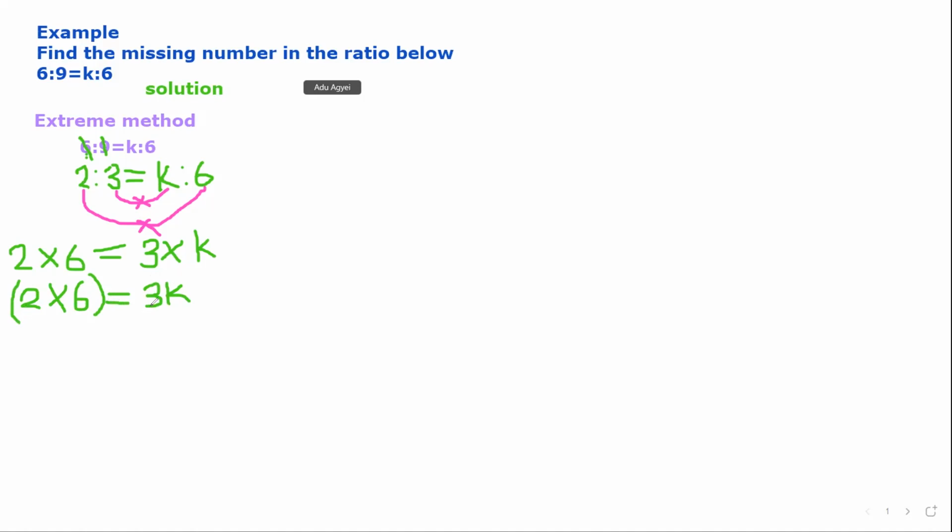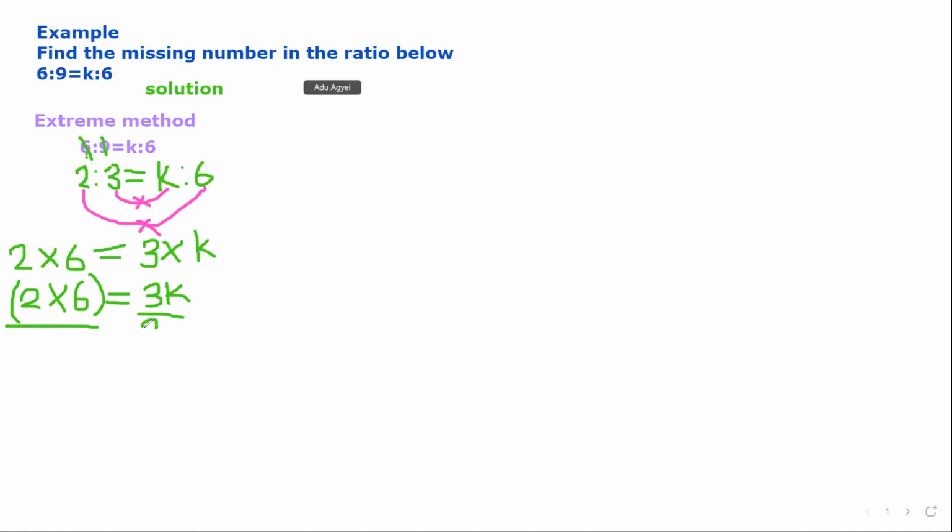And you have seen that the 3 is attached to the letter here. And what you do to the other side must be done to the other side too because of the equal sign. So you divide both sides, this side and then this side, by the number attached to the letter that you wanted to find, so that the letter will be free.